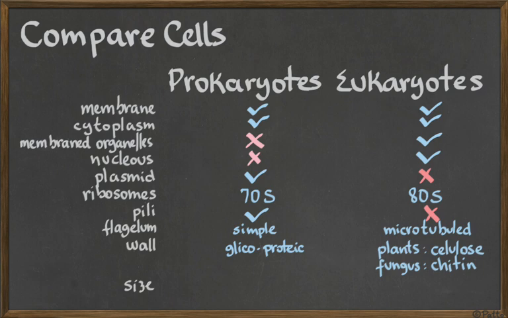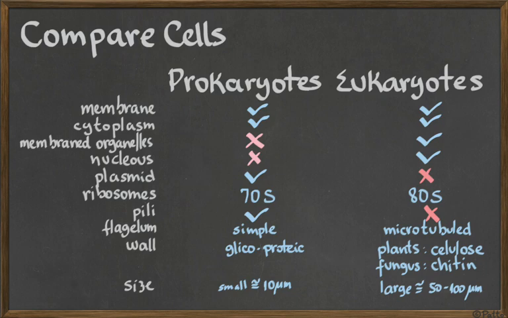What about size? Prokaryotes are tiny, very small. They are usually 10 micrometers or even smaller. And eukaryotes, they can be much bigger. There are some small eukaryotic cells, but those are exceptions. Most eukaryotes are going to be bigger, 50 to 100 or even more micrometers in size. And the reason for being bigger is that eukaryotes have much more membrane.